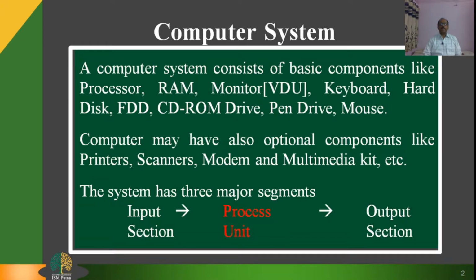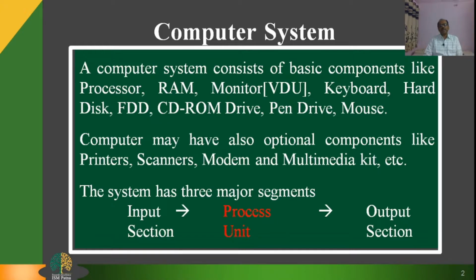A computer system consists of basic components like processor, random access memory, popularly called RAM, monitor, keyboard, hard disk, CD-ROM drive, pen drive, mouse, etc. Computers may also have optional components like printers, scanners, modem and multimedia kit, etc.